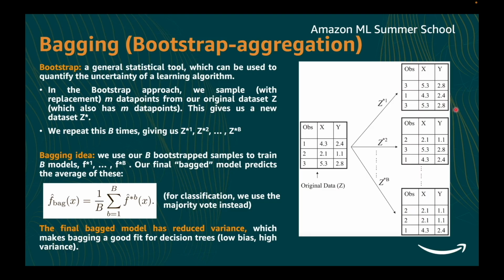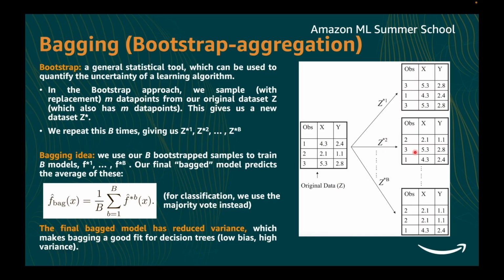Each of these is called a bootstrap. So you create multiple bootstrap samples of your original data. This is the very first step in bagging. Then on each of these you train a model, and finally you just aggregate their results.